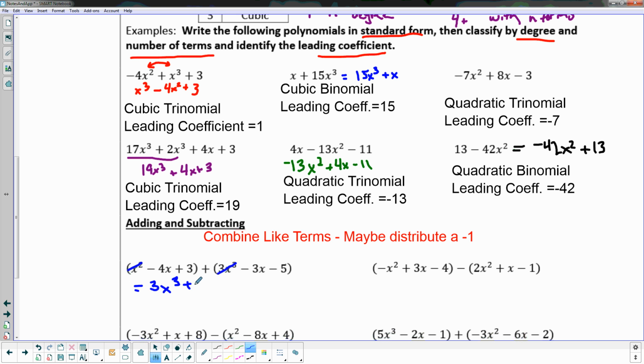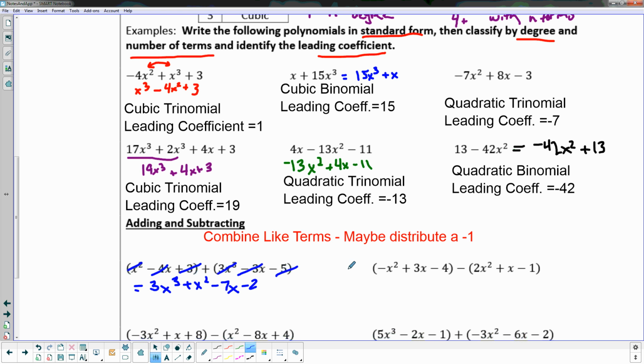So plus x squared. And then for my x's, I have a negative 4x and a negative 3x, so that's negative 7x. And I've taken care of those ones. And then I have a positive 3 and a negative 5, so that's negative 2. And I've taken care of those ones. Everything's accounted for. This is my answer.